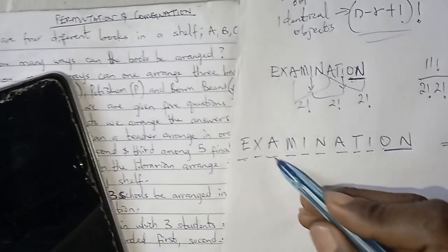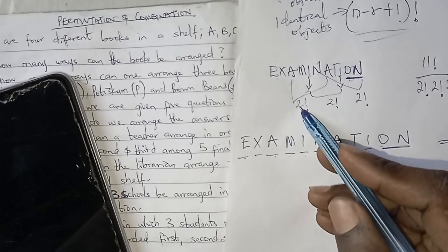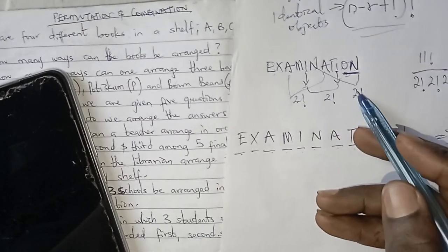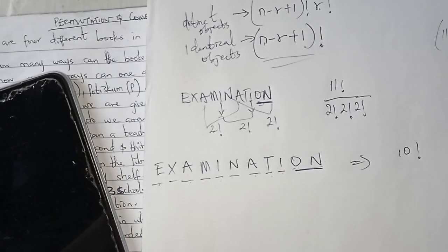Now I'll ask myself, inside this 10 factorial, notice that A occurred twice, I occurred twice, N occurred twice.